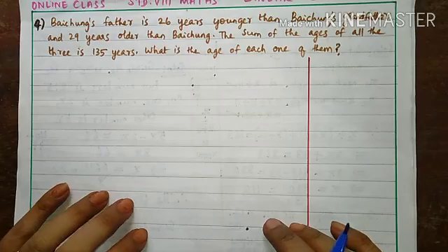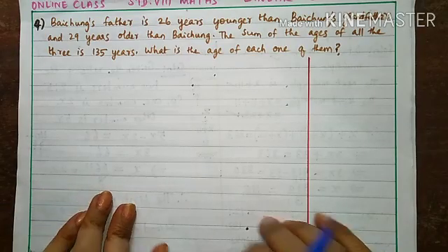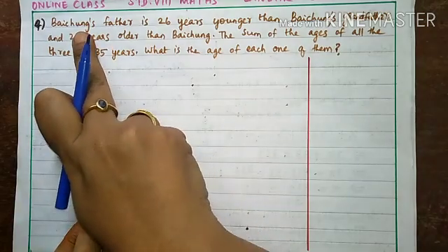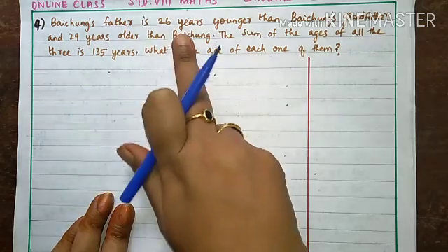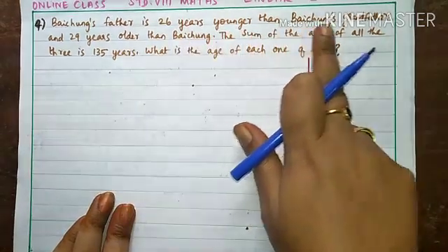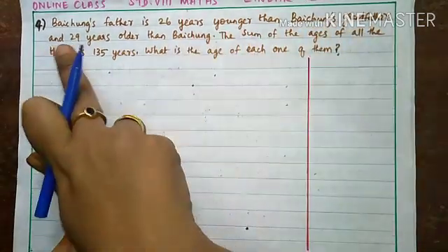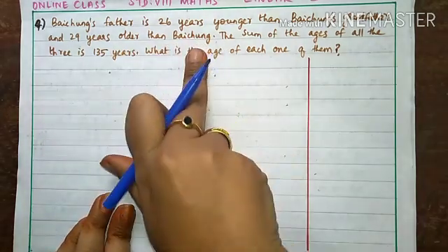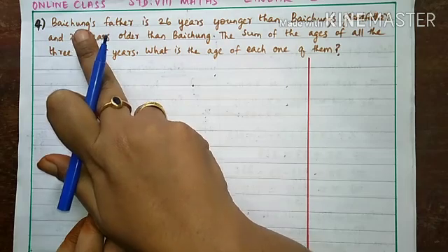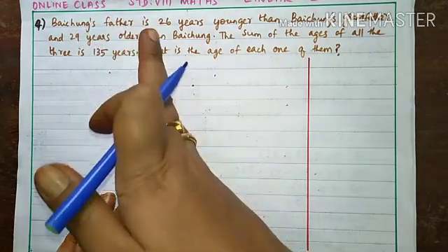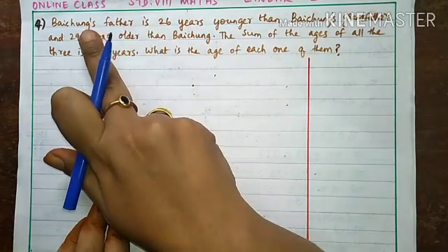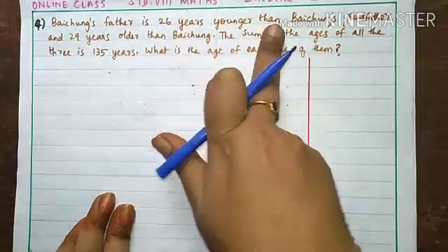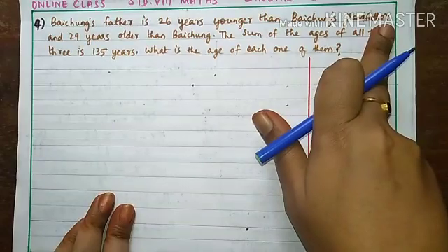Okay children, now come to another type of question from your exercise. Fourth question. Baichung's father is 26 years younger than Baichung's grandfather and 29 years older than Baichung. Okay. So here is a boy Baichung, and Baichung's age is not given here. Instead it is given his father is 26 years younger than his grandfather.